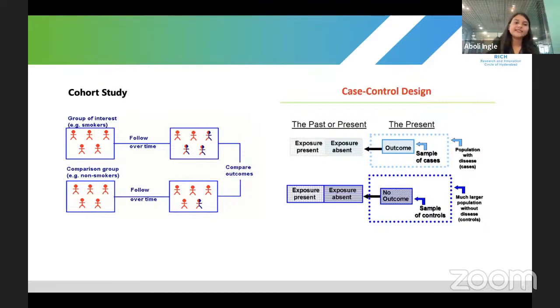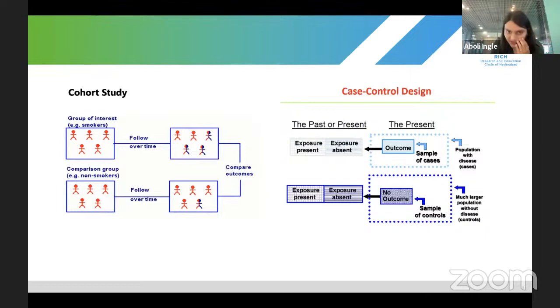We try to understand the association between these two variables, that is exposure, which was smoking, and outcome, which was lung cancer.